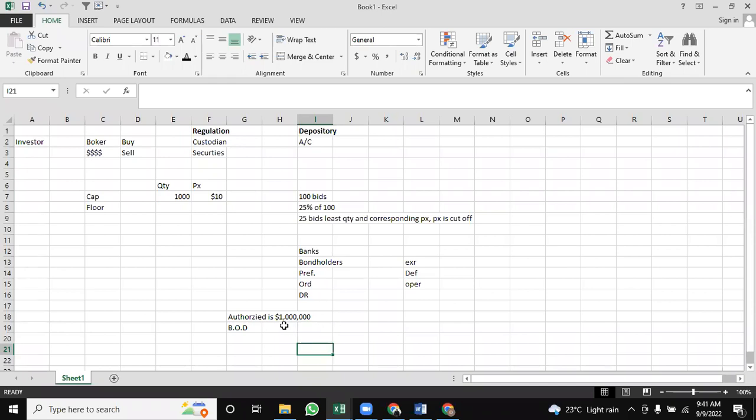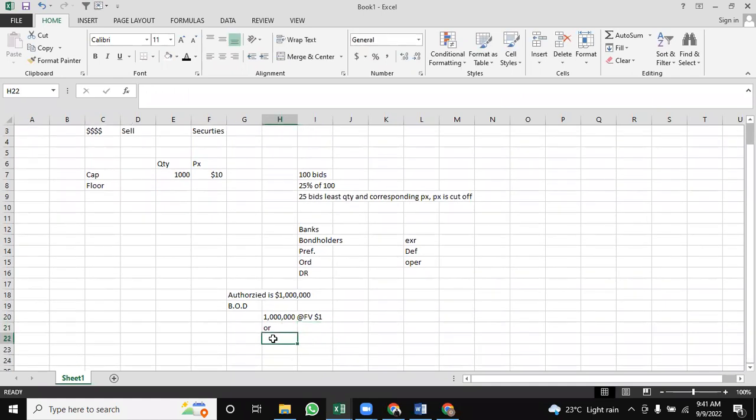Now they can issue this entire 1 million as, let's say, 1 million shares at a face value of $1, or they can issue, let's say, 500,000 shares at a face value of $2.